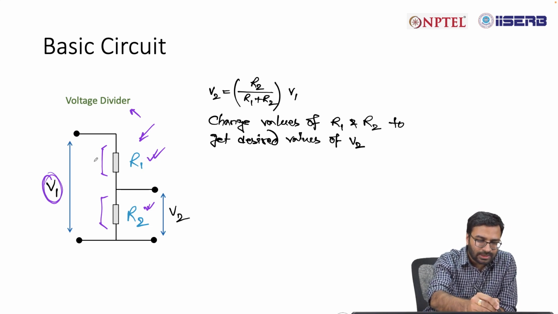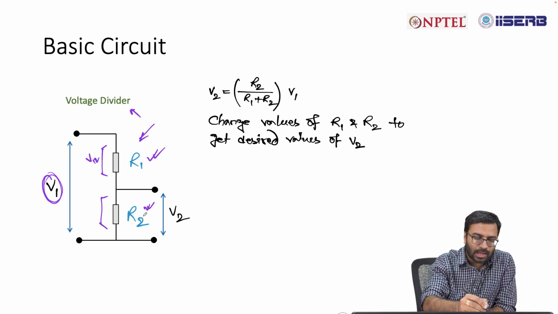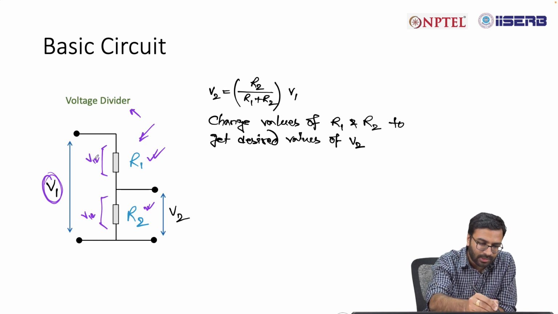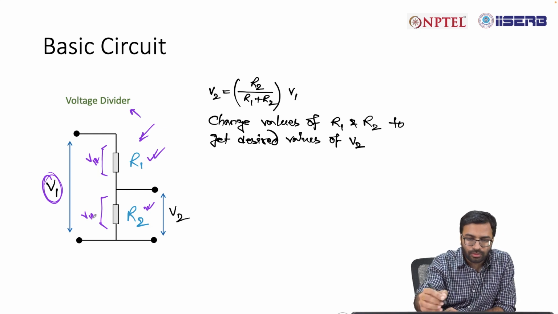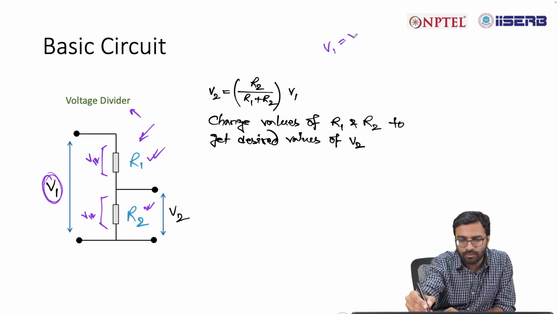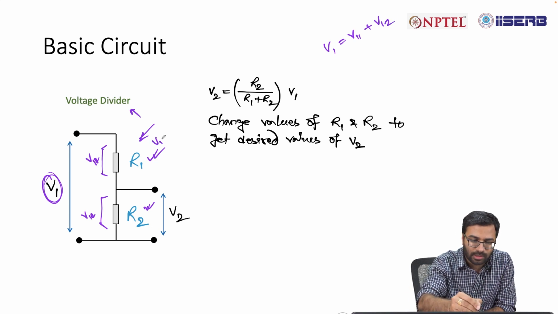Say the voltage across R1 is V11, that is the part of V1 dissipated across R1, and across R2 it's V12. So your V1 is equal to V11 plus V12.